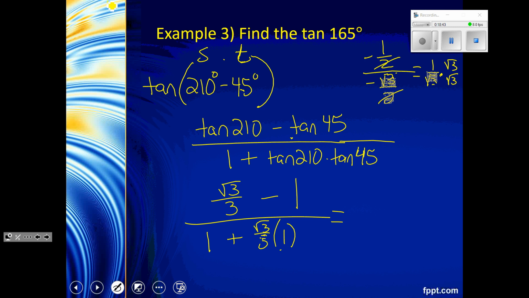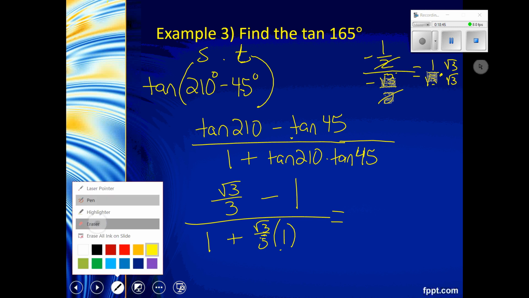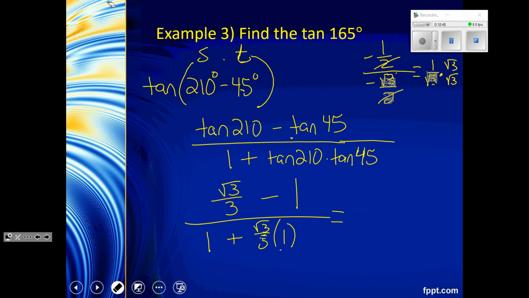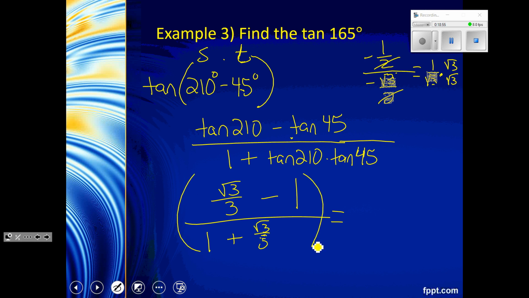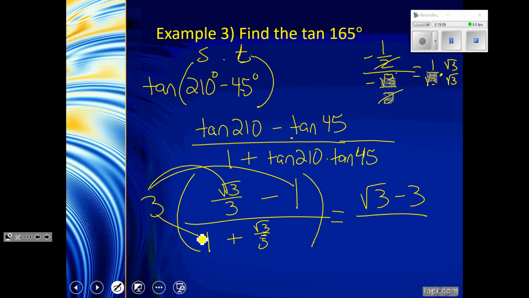Is it okay with y'all? I'm going to take away this 1 on the bottom, because square root of 3 over 3 times 1 is square root of 3 over 3. So I'm going to take the whole thing and multiply it by 3. When I multiply that by 3, it cancels. What do you get? Square root of 3. When I multiply this by 3, I get negative 3, all divided by 3 when I multiply this by 3, and plus square root of 3.